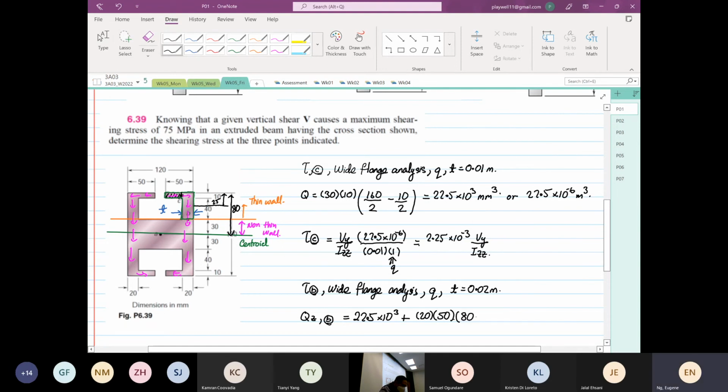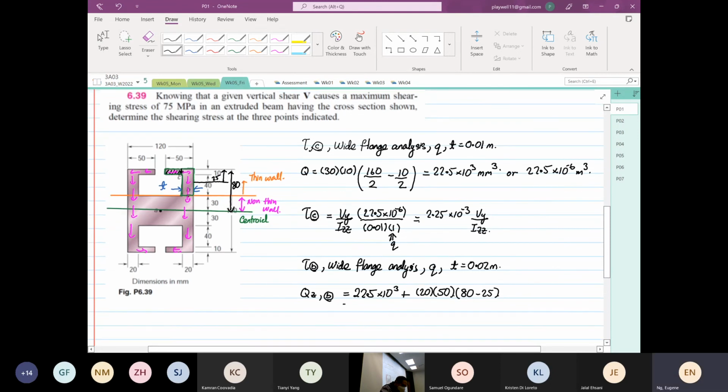So it will be 80 minus 25. This will be equal to 22.5 times 10 to the power of 3, plus 55 times 20 times 50, which is 55 times 10 to the power of 3.